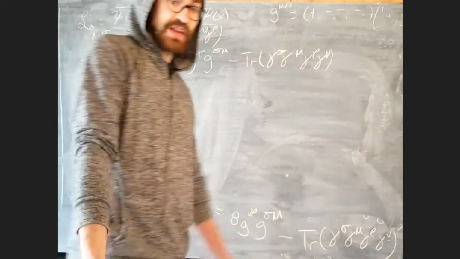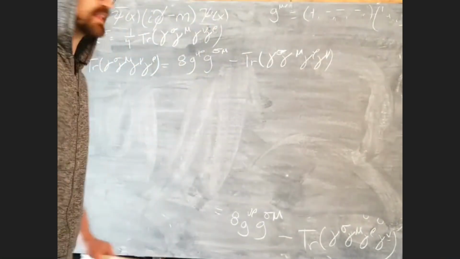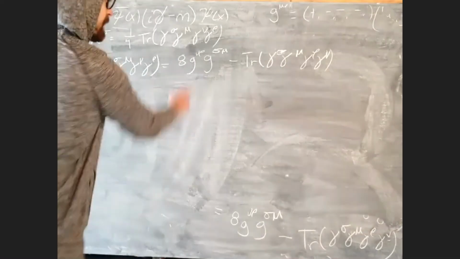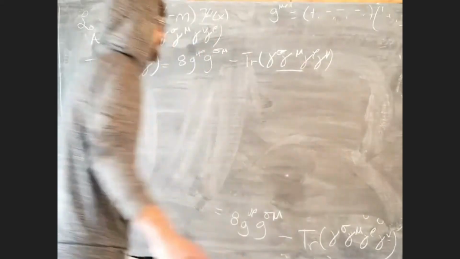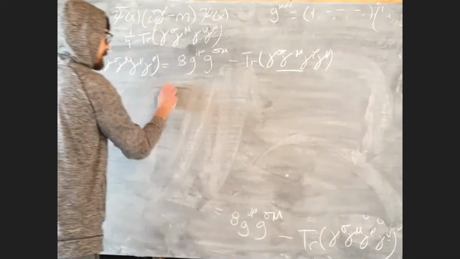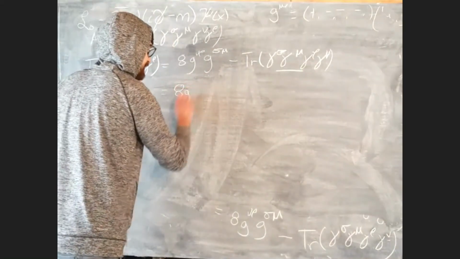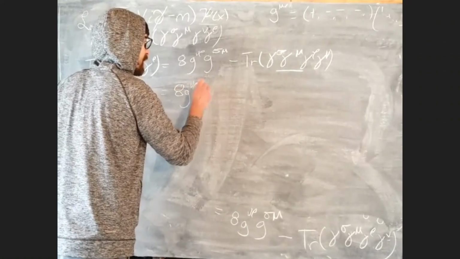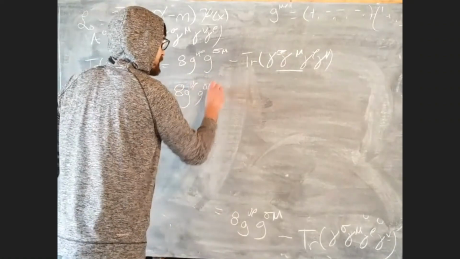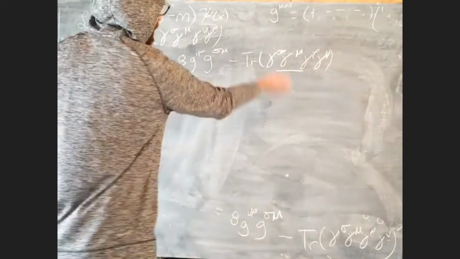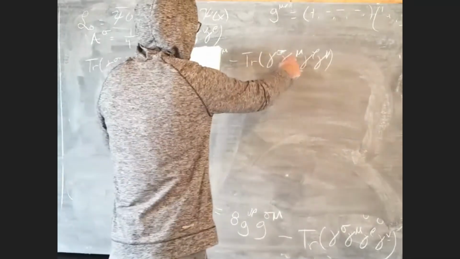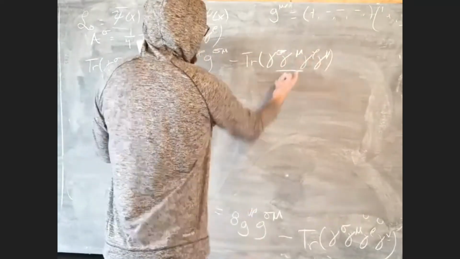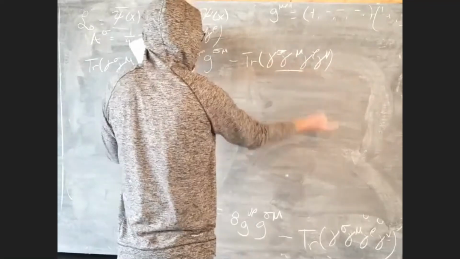Well, what do you think we should do now? Well, let's keep permuting. But this time, let's ignore this. This is just a number. We don't want to do much with this. But this time, let's permute these two. What do you think we're going to get? Well, let's rewrite our first term. G nu rho G sigma mu minus. Well, if we permute the first two, then we're going to get the same thing. We're going to get a G mu rho, and we're just going to permute this thing across to get the same thing.